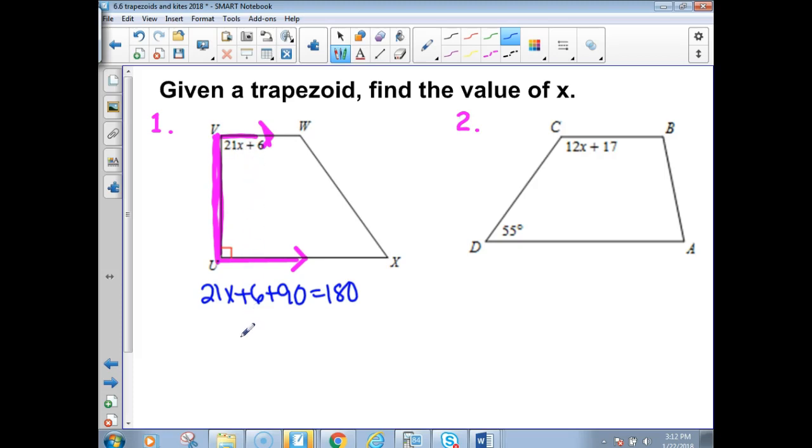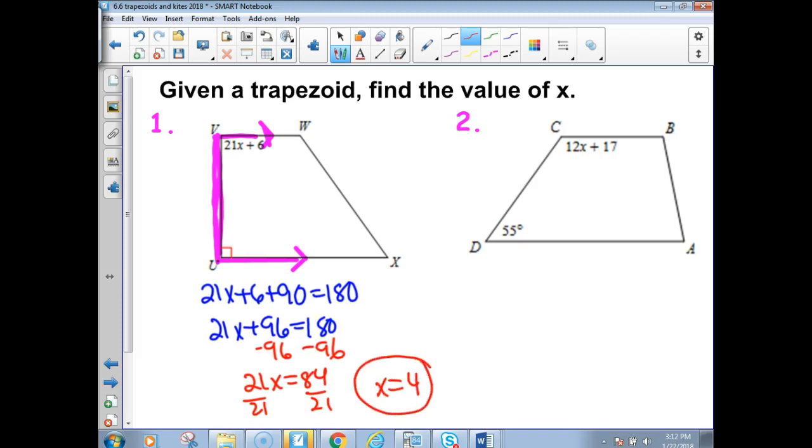Not the only way to get this done, but I'm going to remind you they're supplementary. All right, so 21x plus 96 equals 180, and then you would subtract 96 from both sides, giving you 21x equals 84. Divide by 21, and you get x is 4. And it only asks us to find x.